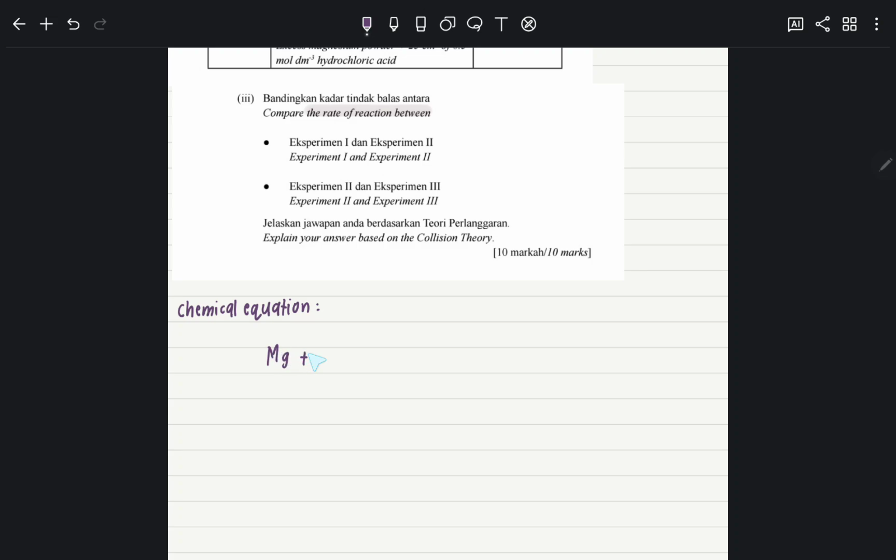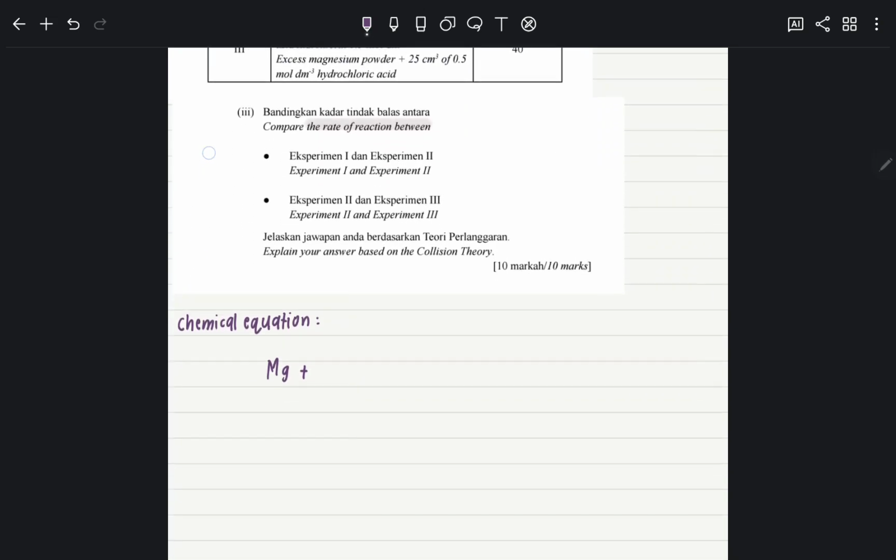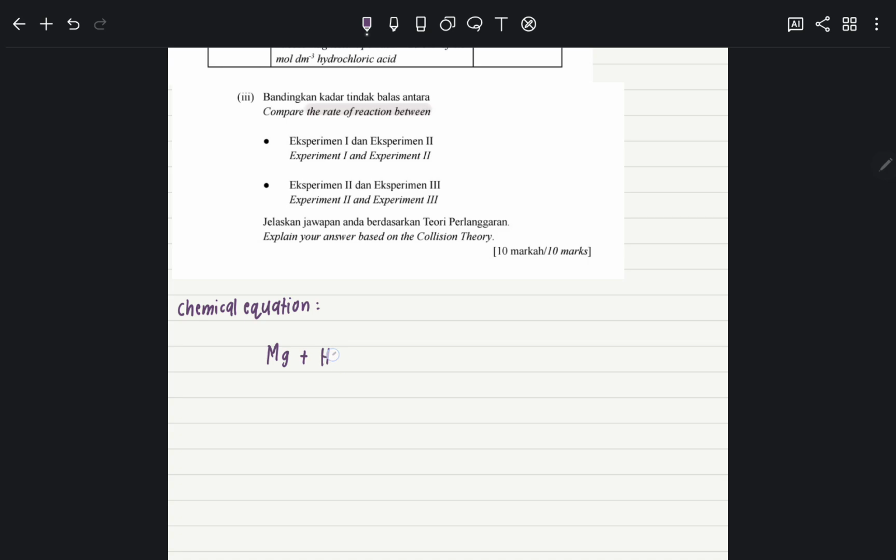So magnesium plus hydrochloric acid, which is HCl, produces magnesium chloride and also H2, correct? Then you put 2 in front of HCl, so the equation is already balanced.